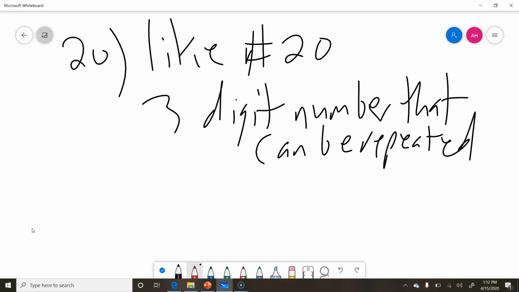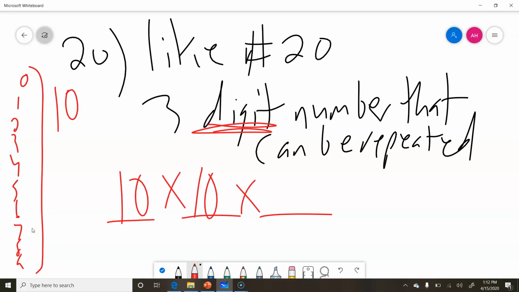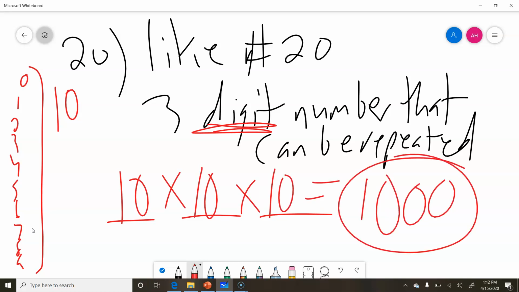Okay, remember when we say digits, we have bins, and there's 3 bins. How many digits are there? There's a total of 0, 1, 2, 3, 4, 5, 6, 7, 8, 9, which is a total of 10. So each bin can have 10, and they can be repeated. So I'm going to have 10 times 10 times 10, which is 1,000.